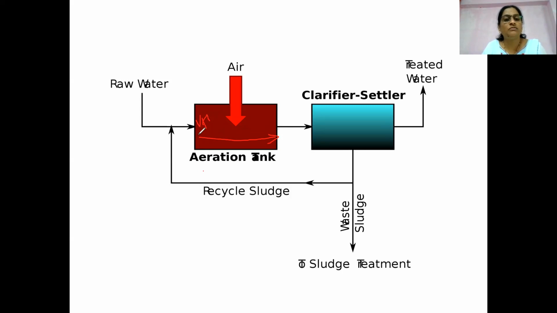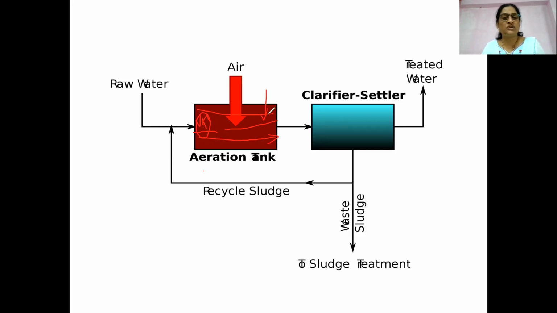So at this start, oxygen requirement will be very high, but we are supplying the same amount of oxygen in the entire aeration tank. Okay. And because of that, when the requirement is high, sufficient oxygen is not there, and here the requirement is less and the same quantity of oxygen we are providing. So wastage of oxygen is being performed over here.